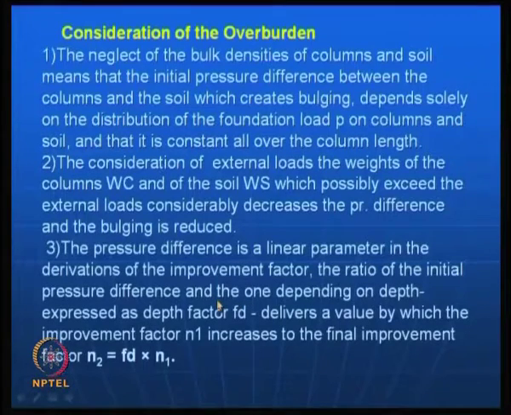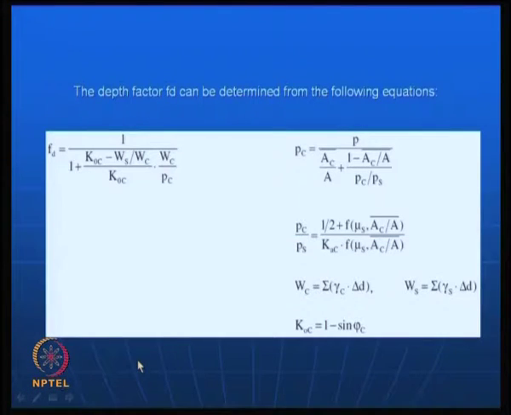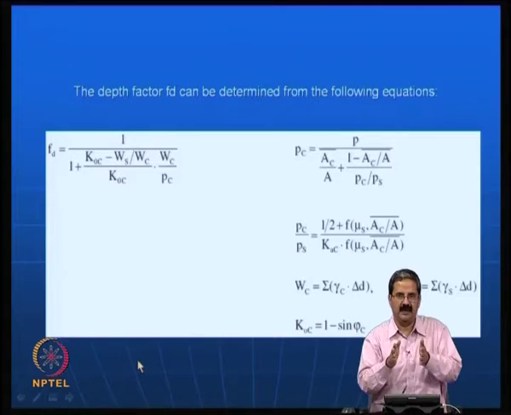So, there is another simple correction that they have suggested, which is a function of the overburden. Because of the overburden, the improvement factor, the depth factor, increases, since bulging will be less at the bottom.